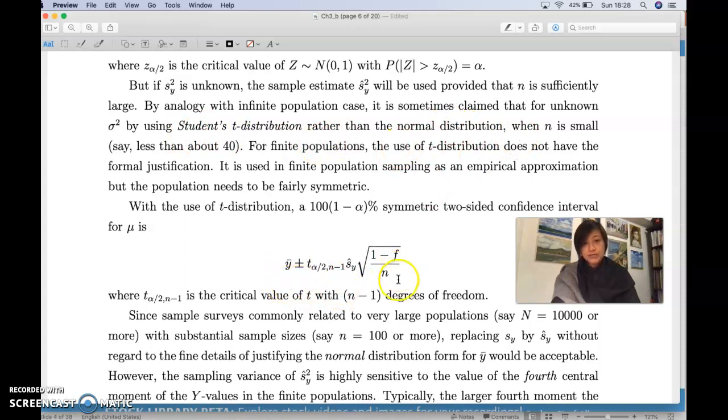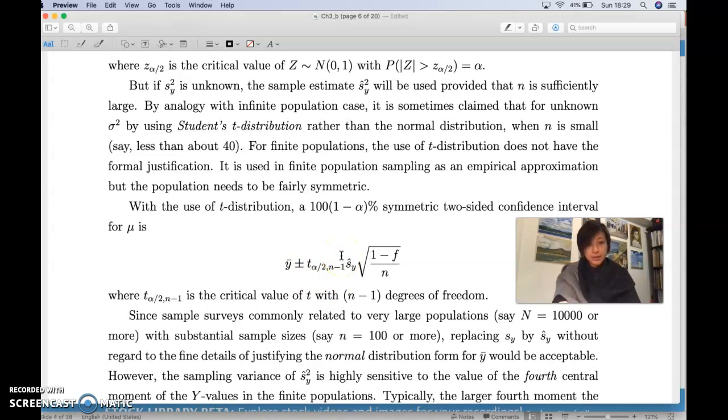So that really depends on the sample size not being large enough. Normally, if n is small, n less than 40, then you can argue that the sample mean does not follow a standard normal distribution. It actually follows a student t distribution. Then the critical value we should look for is from the t table instead of the normal distribution table.